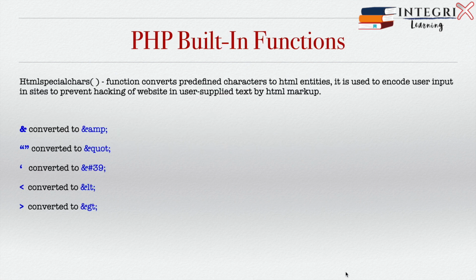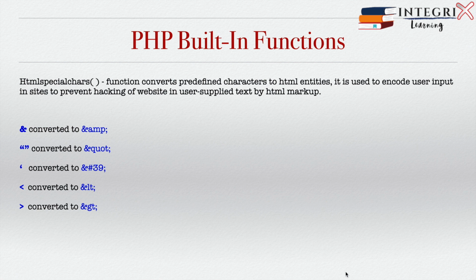There are some PHP built-in functions. htmlspecialchars is one of the excellent ones. It is used to convert characters to HTML entities. It is used to encode user input when users enter it in a site, and to prevent hacking of a website.